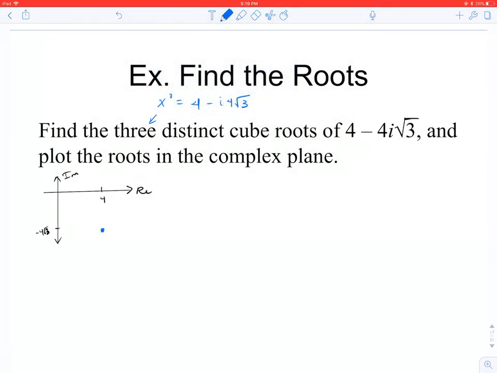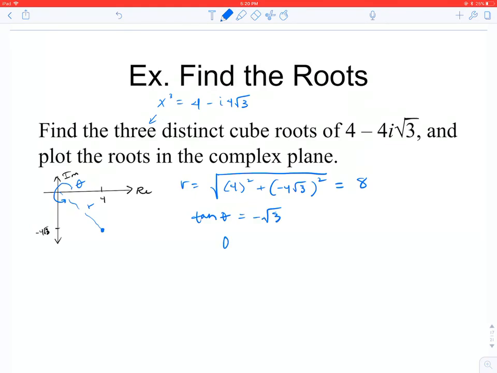So 4 and then negative 4 root 3. So we need r and theta. So r will end up being the square root of 4 squared plus negative 4 root 3 squared. Okay, so that actually ends up being 8.